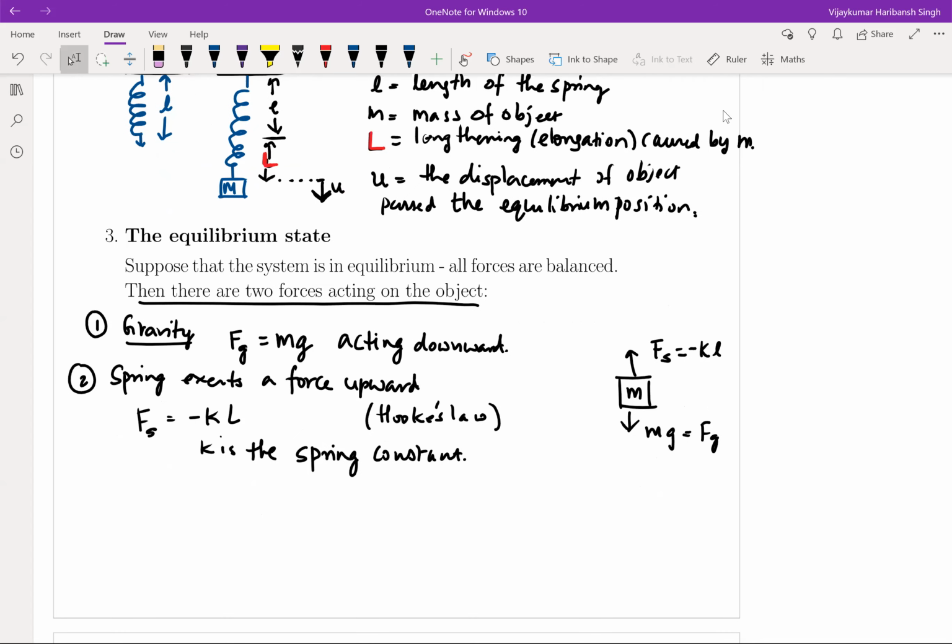Now, what happens in equilibrium? In equilibrium, both of these forces will cancel out each other, right? So in equilibrium, the forces are balanced out.